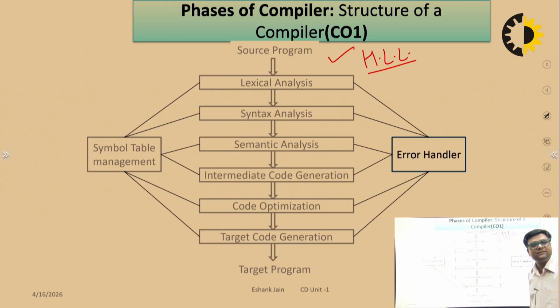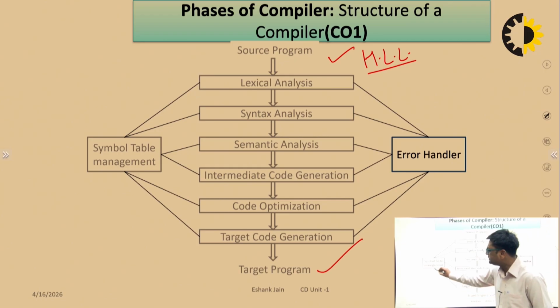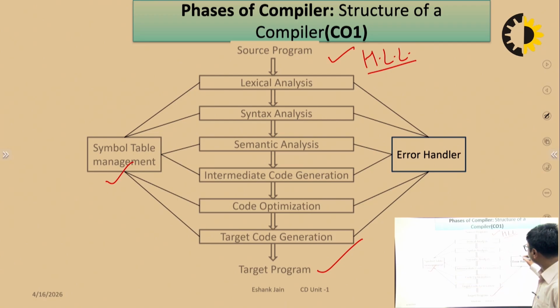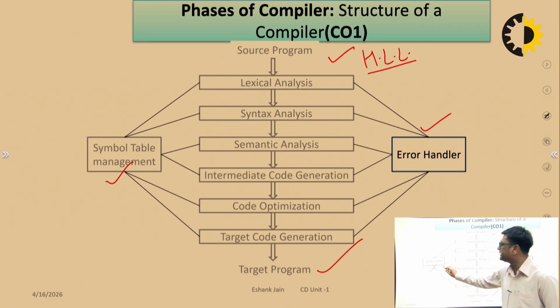Then the lexical analyzer, semantic analyzer, intermediate code generation, code optimization, and target code generation, and lastly the target program. There are 2 additional phases known as symbol table management and error handler. Now we have to discuss these phases one by one.